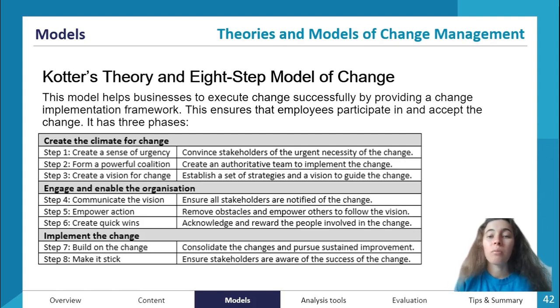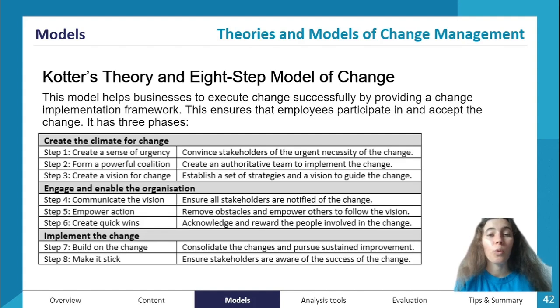So it's about making sure that employees are participating in and accepting the change. So we've got 3 broader phases, and then within each phase, we've got a couple of steps, either 2 or 3 steps in each. So the first part is about creating a climate for change.